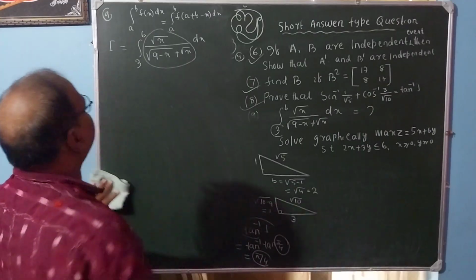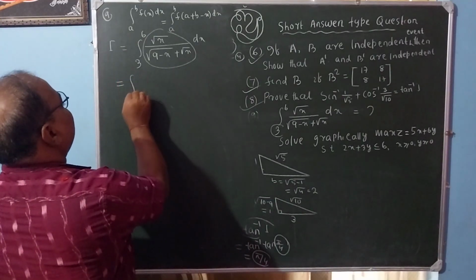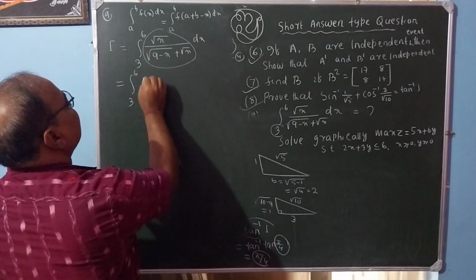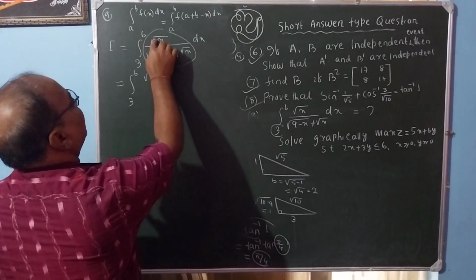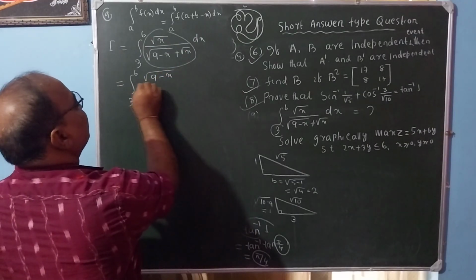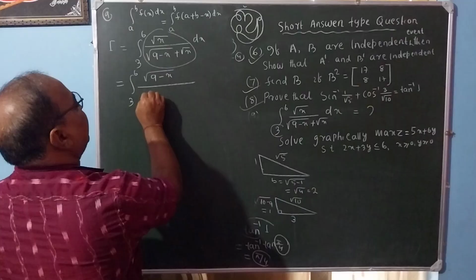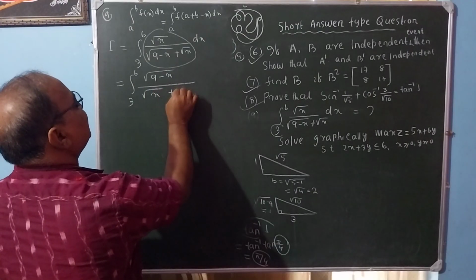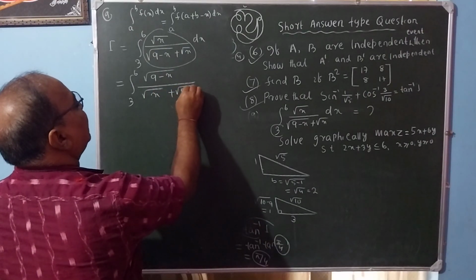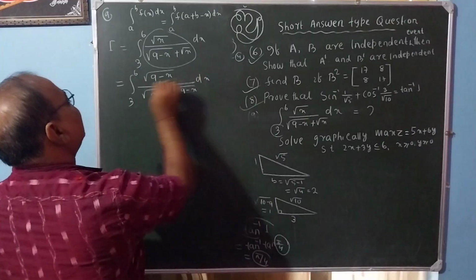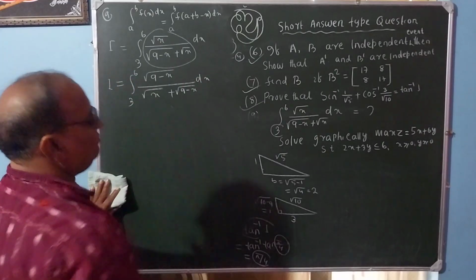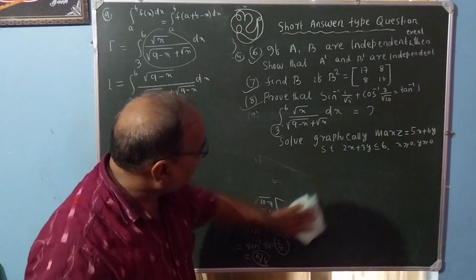So that is also written as integral from 3 to 6, where a plus b minus x is in place of x: root of 9 minus x dx. This is also I.